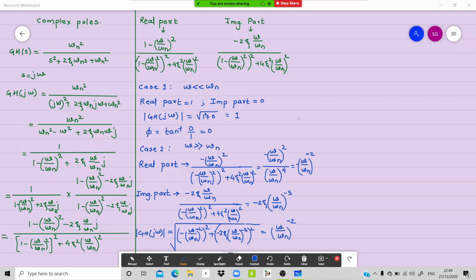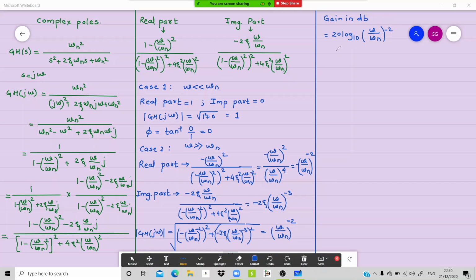Okay, so we'll try to get the gain in dB now. We got the formula for gain. Now we'll try to get it in dB. So 20 log of this. So gain in dB is equal to 20 log to the base 10 of magnitude, that is omega upon omega n raised to minus 2.